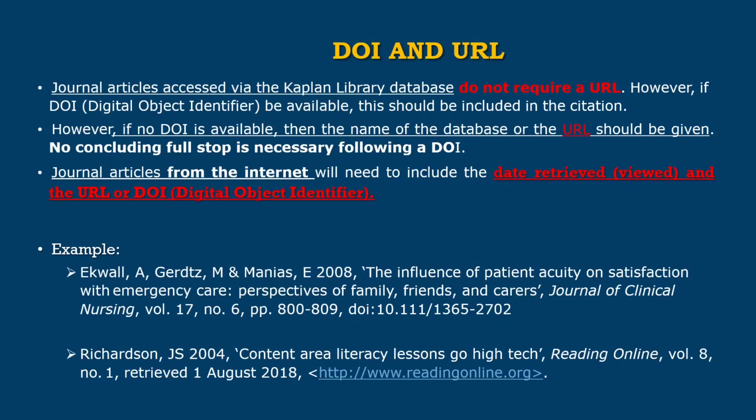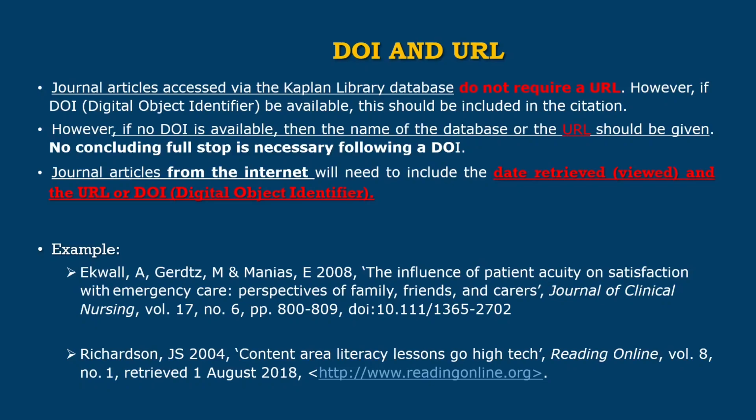The use of DOI and URL. Journal articles accessed via the Kaplan Library database do not require a URL. However, if a DOI is available, it should be included in the citation. If no DOI is available, then the name of the database or the URL should be given. No concluding full stop is necessary following a DOI.